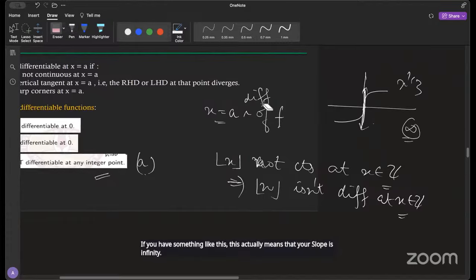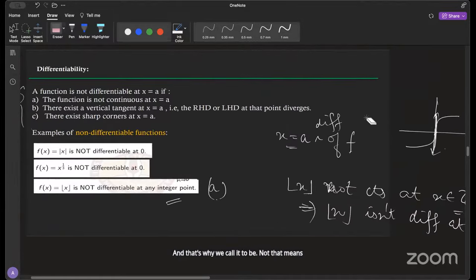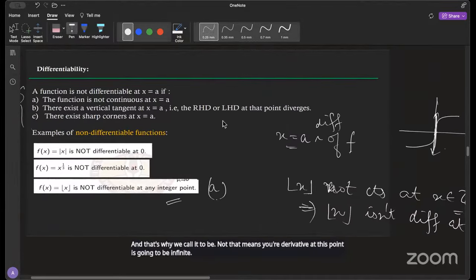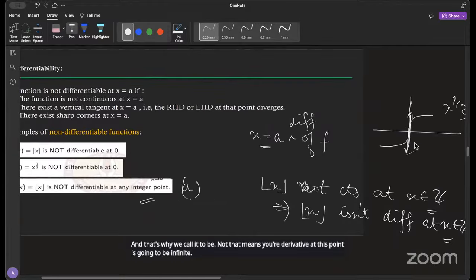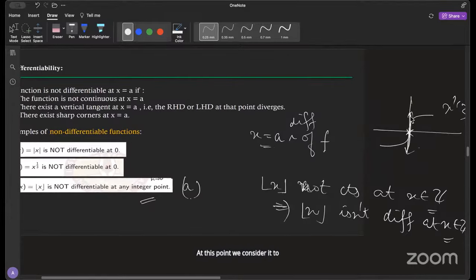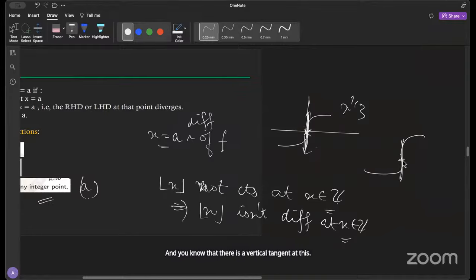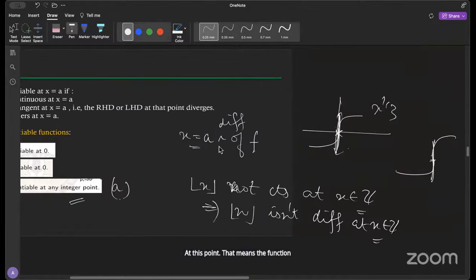We'll come to slopes later. That means your derivative at this point is going to be infinity. At this point, we consider it to be not differentiable. So if you know that there is a vertical tangent at a point, that means the function is not differentiable there.